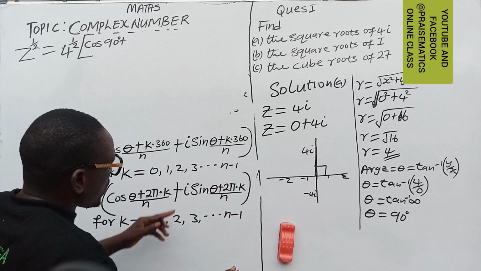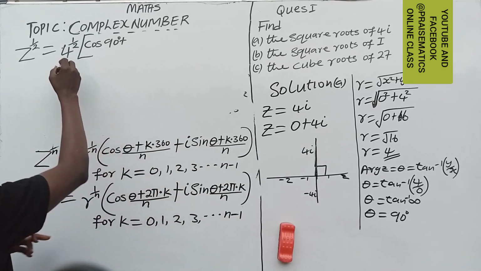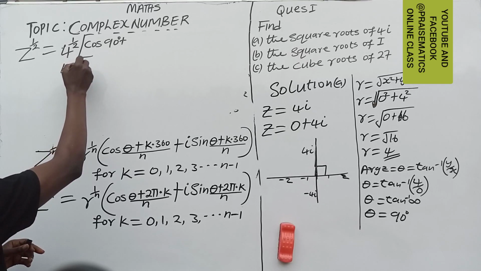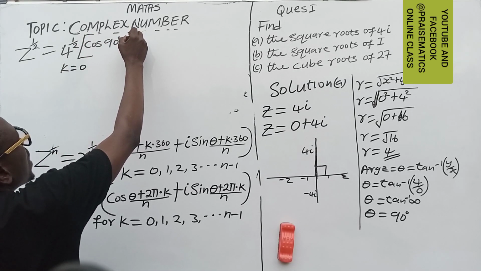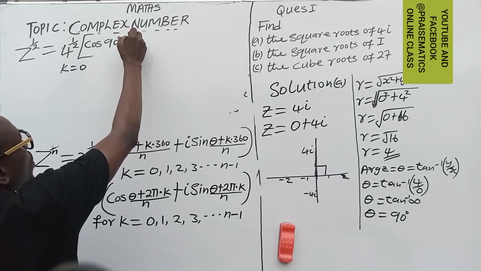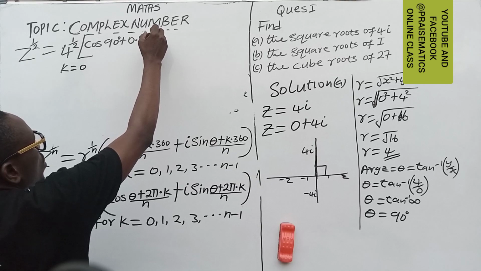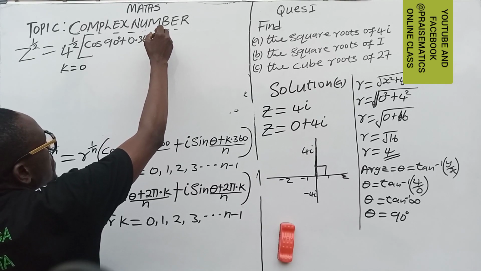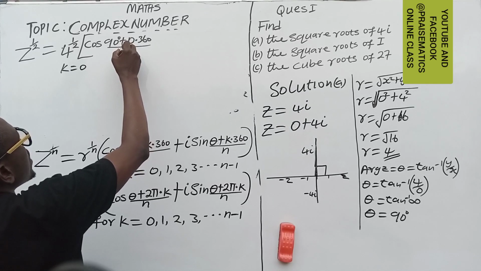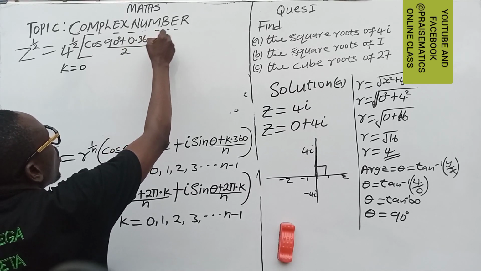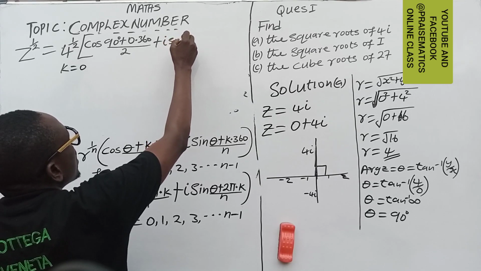Now, what do we have? The k. We are picking k equal to 0 and substituting it here. From the formula, we have 0 times 360 all over n, and our n here is 2, plus i sine theta.